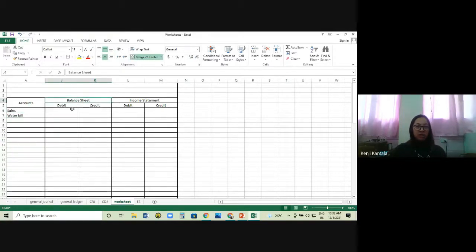So, sa balance sheet natin, ano yung mga kino-consider natin sa balance sheets natin? We have yung mga increases sa assets, sa liabilities, and we also have yung sa mga movements ng ating equity. So for sales, saan ba nagre-reflect si sales natin? Is it part of your balance sheet or part of your income statement?